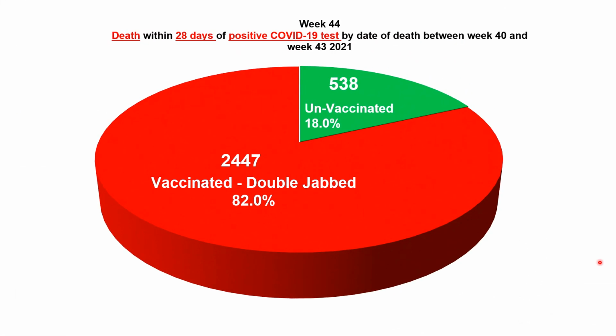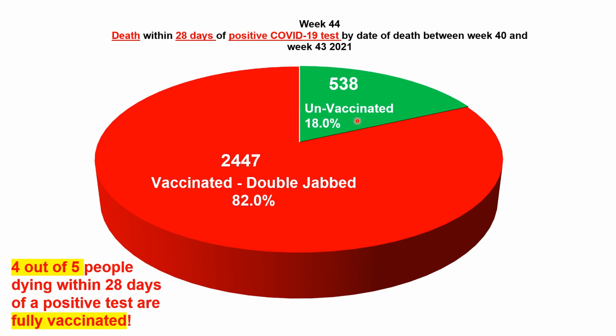Now, when you look at that data in terms of a pie chart, or you could class it as a cake, we've got a massive portion here. The 2447 is the vaccinated double jabbed, which is 82%, and the smaller 538 is the unvaccinated deaths, which is 18%.